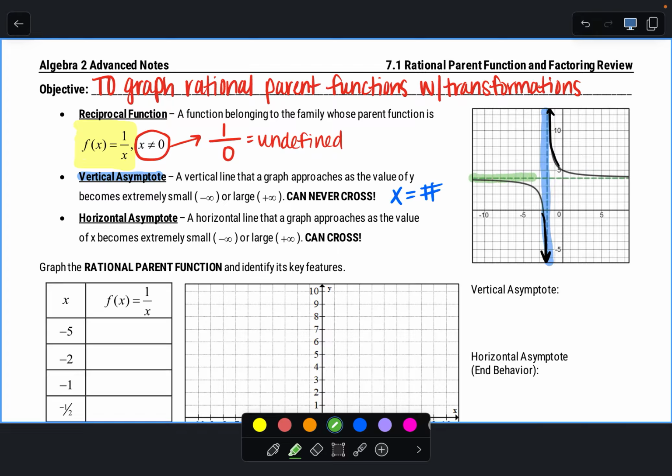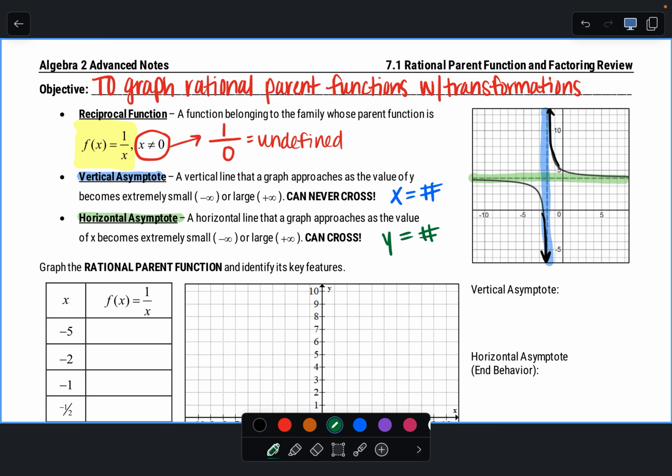Anything here is going to be left, right, because anything with the H is horizontal, and you're always going to do the opposite of what it looks like because of that negative. And the K is going to be your up, down. And then, of course, if there's a negative on the front, we are going to reflect over the x-axis.